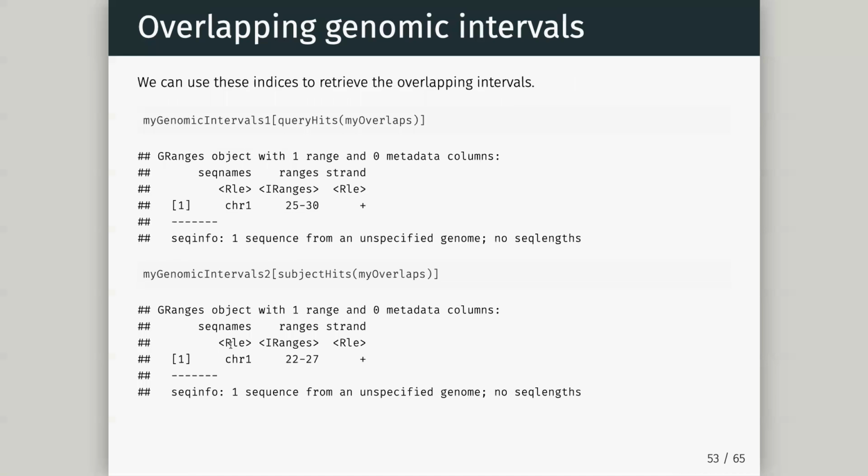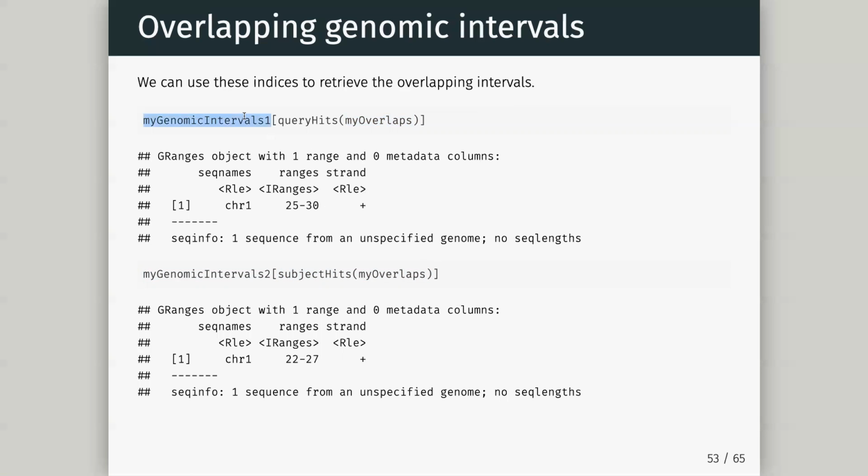So again, we can use that indexing to get the first hit, my query hits. I can use queryHits, give it my GRanges hits object, and that gives me the index, which will then match the subject hits, which come from there.